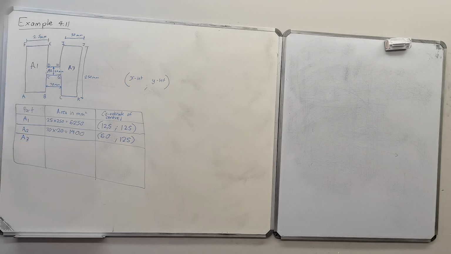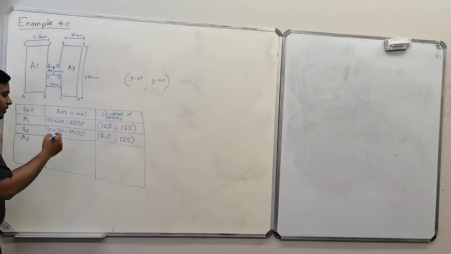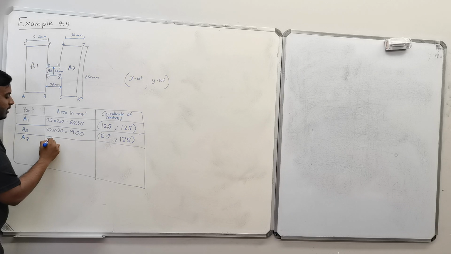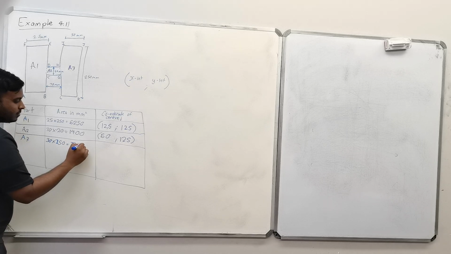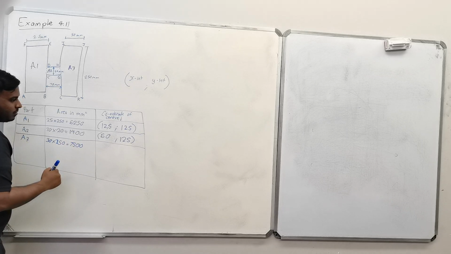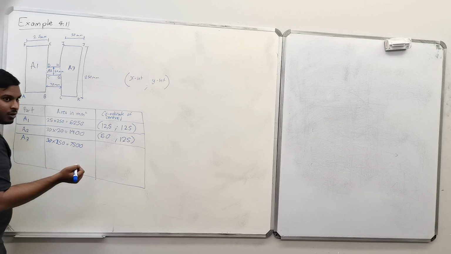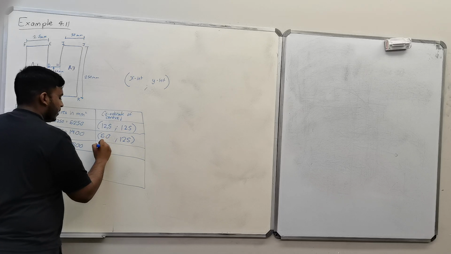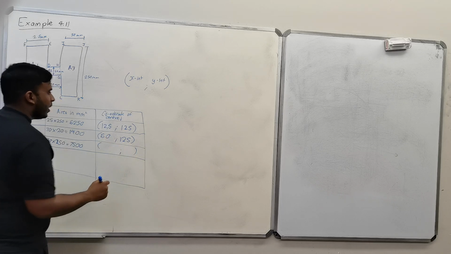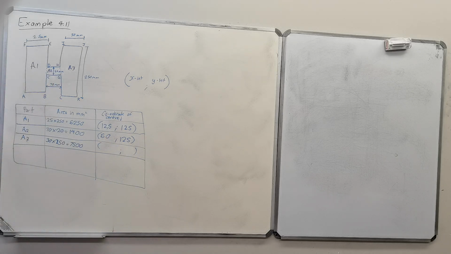A3. A3 is what? A rectangle. Formula for a rectangle is length times breadth. It will be 30 times 250, which is 7,500. The coordinate of its centroid along the x-axis, what will it be?